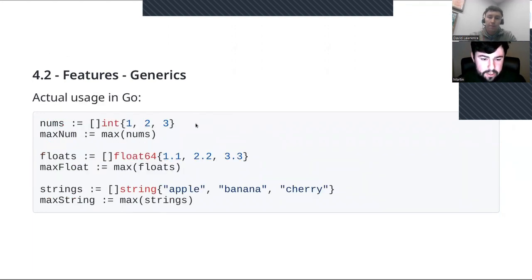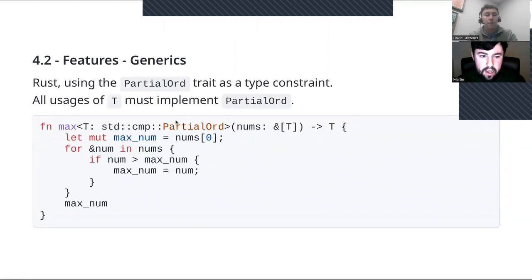Okay, so we have these usage examples, and now in Rust and these other languages, we have the same kind of concept. I have also an array of type T here, a reference to an array of type T that holds T, and we're returning a single T. And here we have what would be our type constraint.